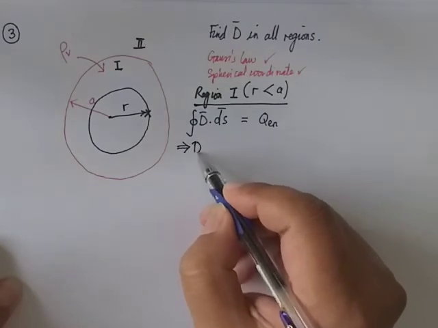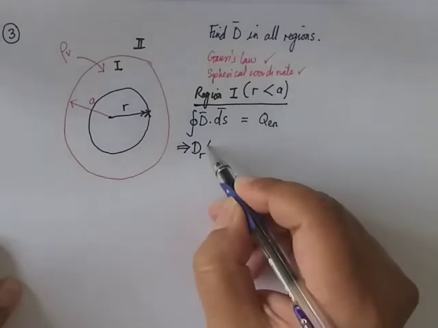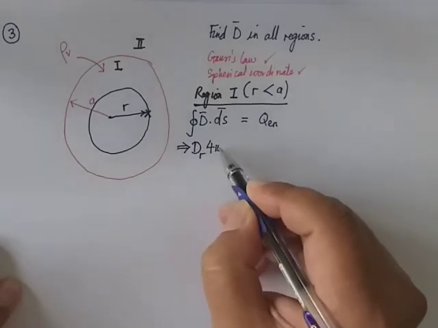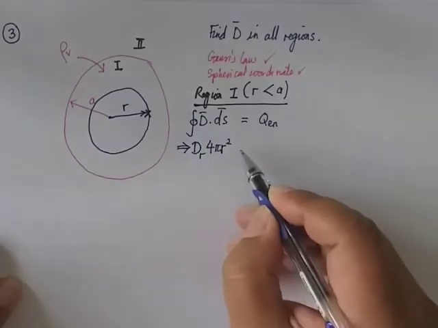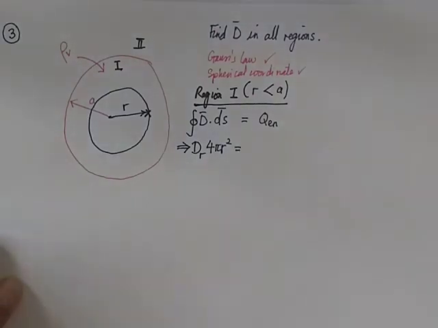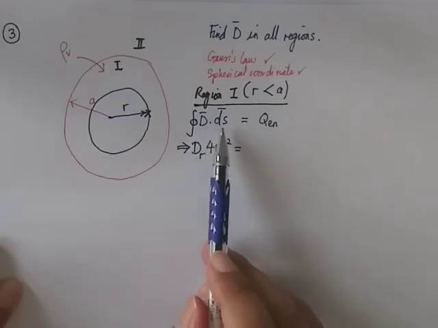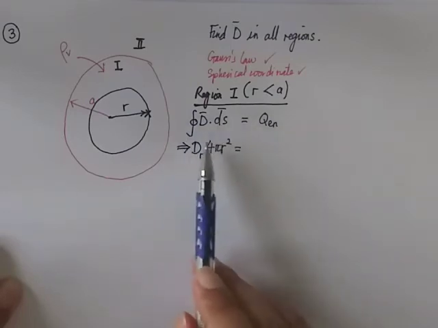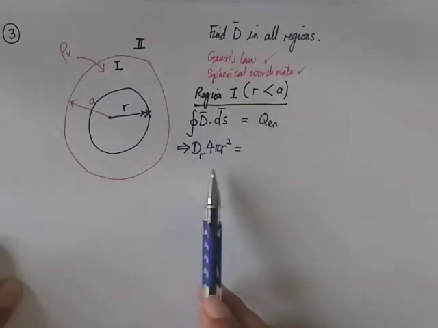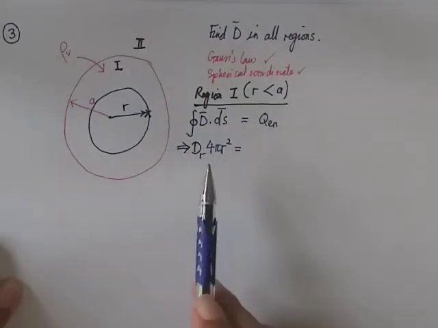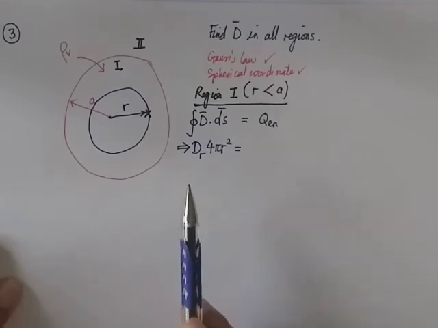Yes, it should be D_r 4 pi r squared. Remember, we did this before, where I choose what D should be. D should be general. ds should be r squared sine theta d theta d phi in the r direction. Then you end that mathematics with this solution as shown before in the previous example.